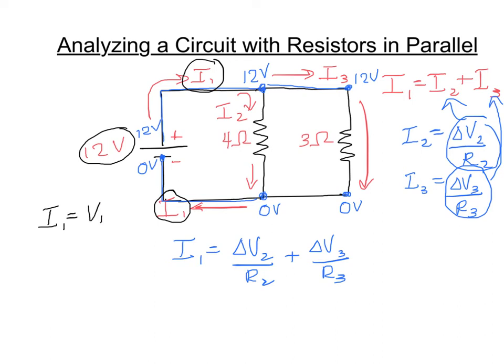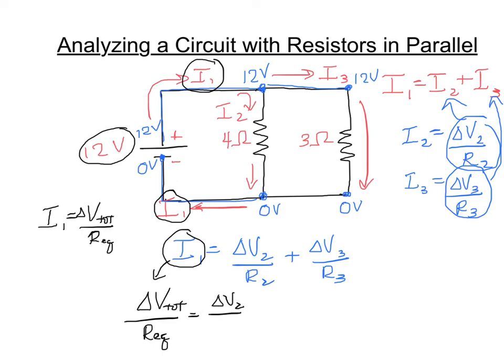I should put a delta in front of that, divided by the equivalent resistance of the circuit. So what I'm going to do here is get a general equation for the equivalent resistance of a parallel circuit. So I'll substitute that in for I1: delta V total divided by Req equals delta V2 over R2 plus delta V3 over R3.